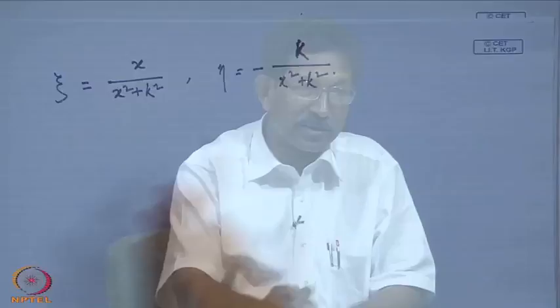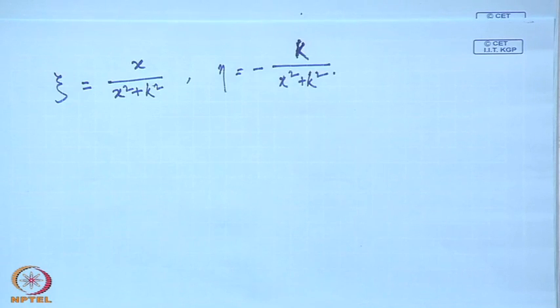Simple. From the second relation, find x, put it in the first. What is it?